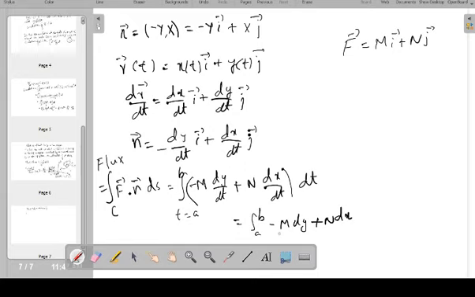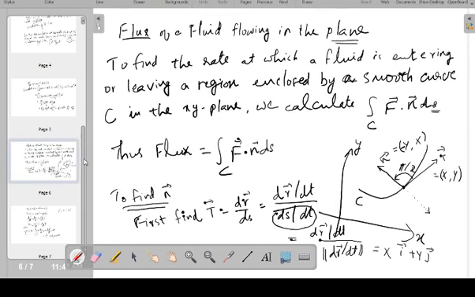I think I have made a mistake because in the previous slide, yes, here this vector is (y, minus x), I think (y, minus x). It is not (minus y, x).